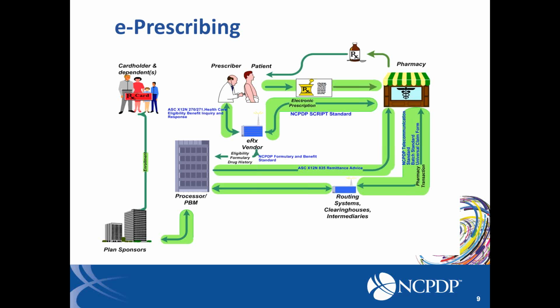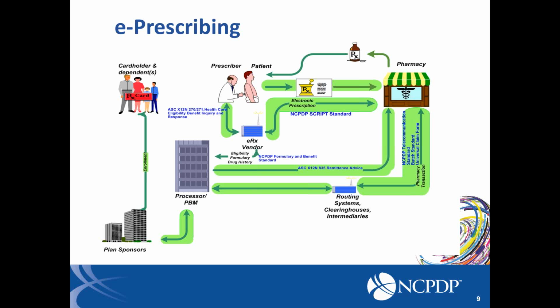And what is diagrammed here is the process whereby from the prescriber and the prescriber's ePrescribing system, either an X12 270 eligibility inquiry or an NCPDP formulary and benefit inquiry can be sent directly to the processor or the PBM to really ascertain the eligibility and/or coverage for a particular drug before that prescription is ever sent and routed to the pharmacy.